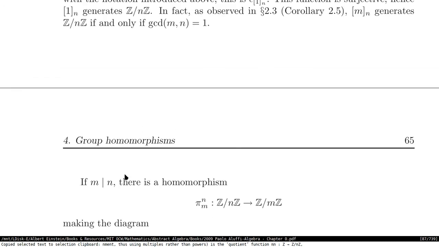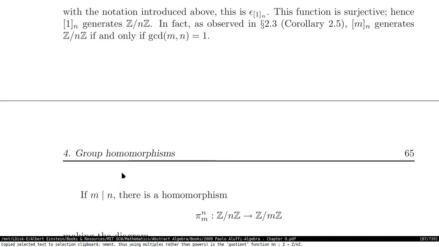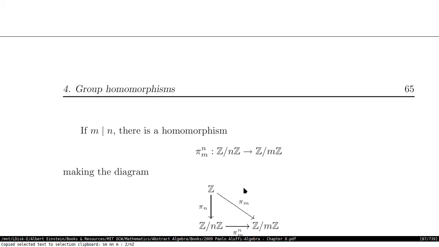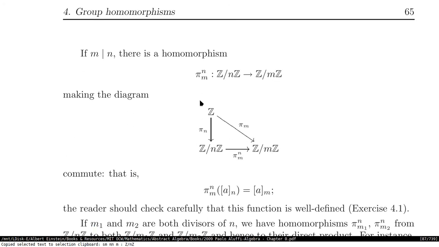Okay, so if m divides n, then you can have this pi nm. So pi nm goes from Z mod nZ to Z mod mZ, right? And you have this diagram.